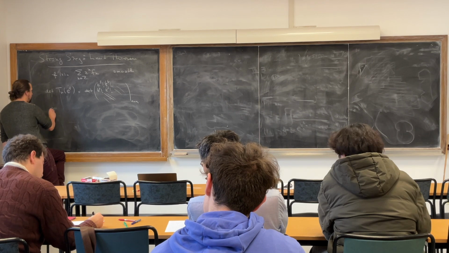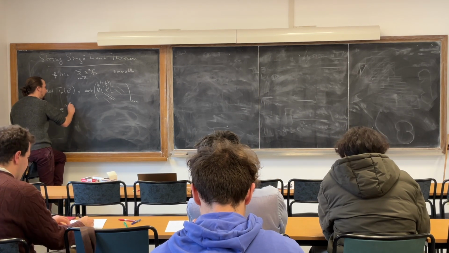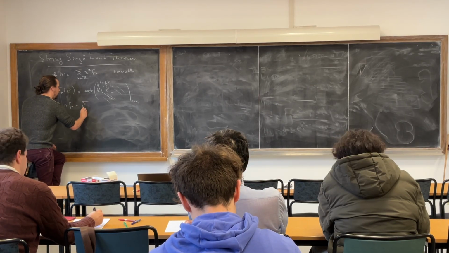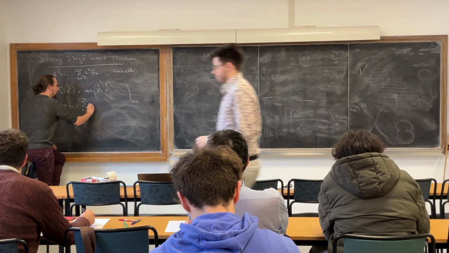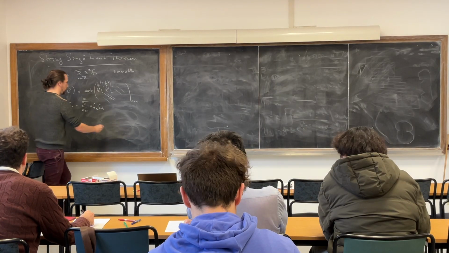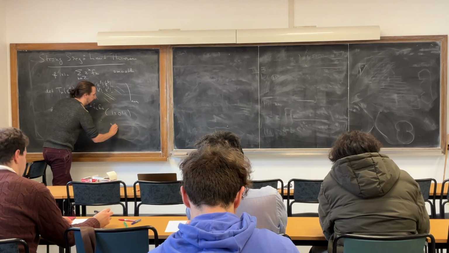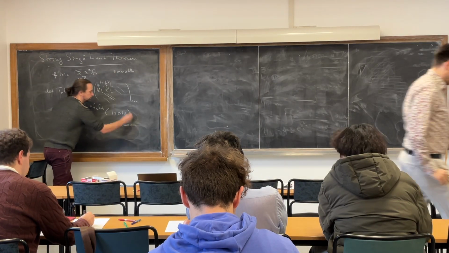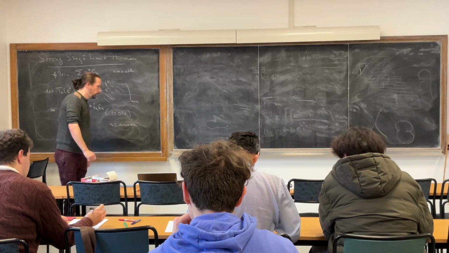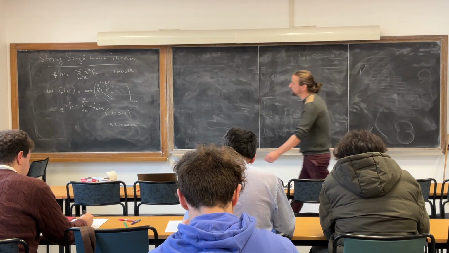It says that this determinant is e to the n times f_0 plus the sum over k from 1 to infinity of k times f_k times f_{-k}, times 1 plus small o of 1 as n goes to infinity. This is the strong Szegő limit theorem.